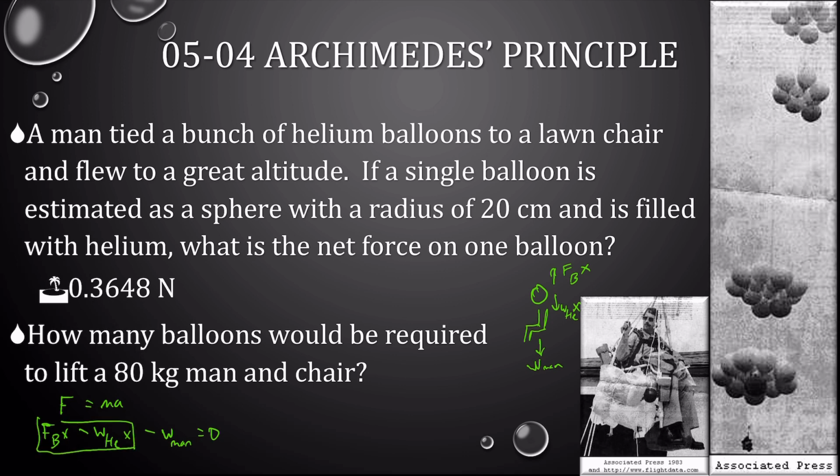So this is what we already figured out up above. So that would be 0.3648 newtons times the number of balloons. The weight of the man would be 80 kilograms times 9.8.